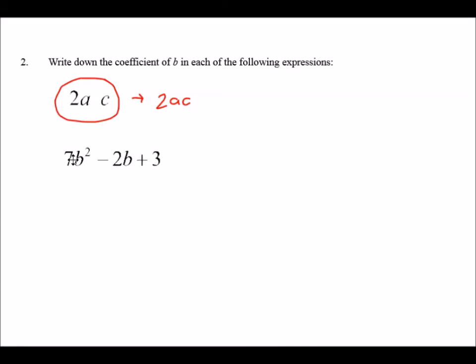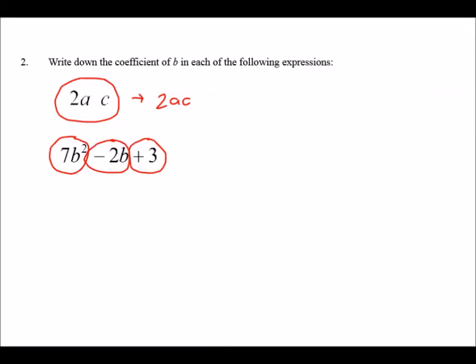Let's have a look at this expression. Why is it an expression? Well, because there is no equal sign. Okay, the first thing I always do in algebra is circle my terms. I have 3 terms, and a 3-term polynomial is known as a trinomial. I look for b, the term with b, which is this one here.